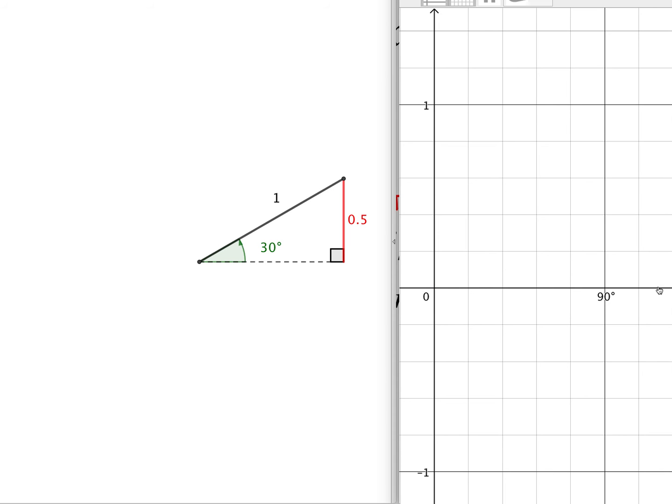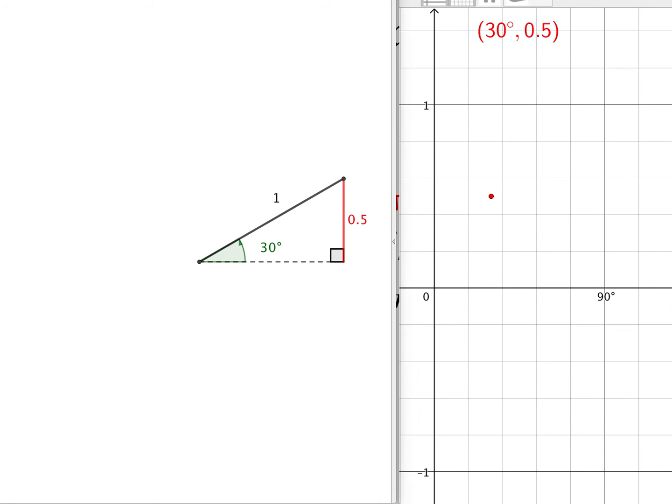Along the x-axis is the angle in degrees, and on the y-axis are the numbers that are going to be the value of the ratio, the output, and along the x-axis is the input, the angle you input. So 30 degrees pairs with 0.5, there it is plotted, and there's the coordinates, 30 degrees, 0.5.